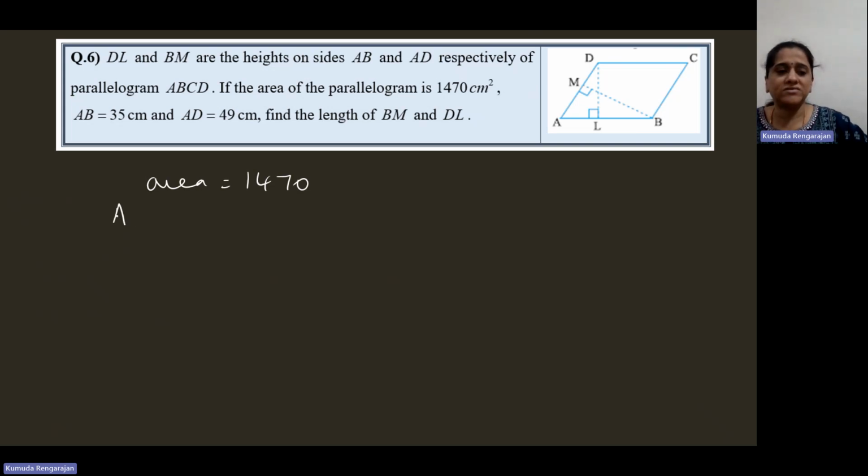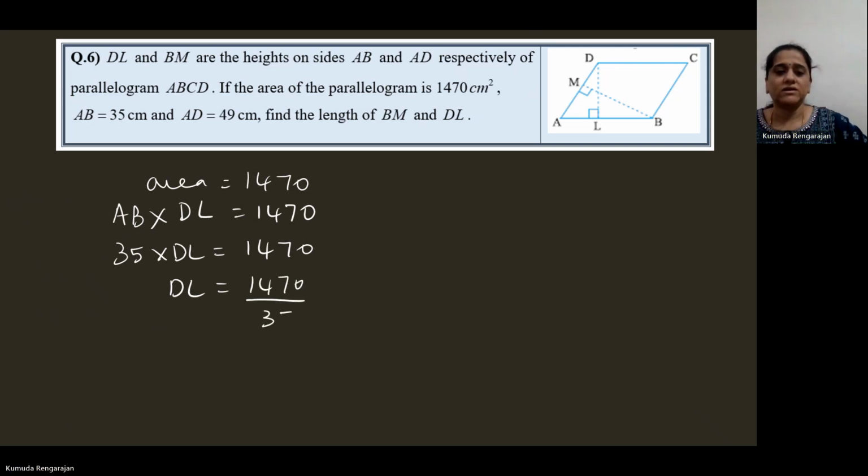Now, if you take AB as the base, which is the altitude? DL. Base into DL altitude is equal to 1470. How much is AB? 35. 35 into DL is equal to 1470. So DL is equal to 1470 by 35.